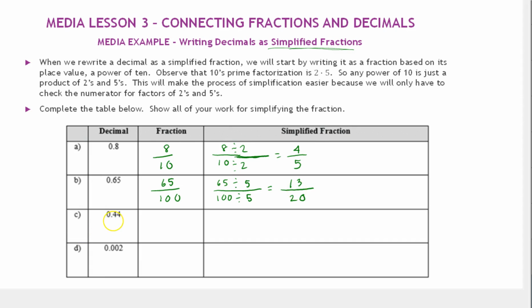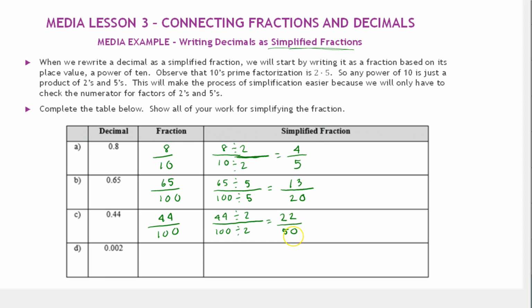Let's look at the next one, 44 hundredths. So notice 44 is even. So I'm going to divide the numerator and denominator by 2. So 44 divided by 2, it goes in 22 times, and 100 divided by 2 is 50. Okay. So notice this is not completely simplified yet.